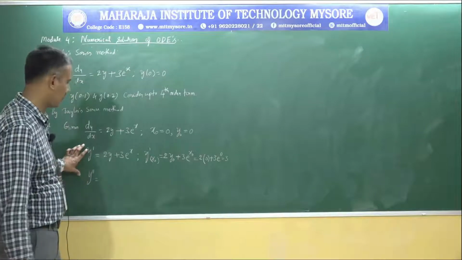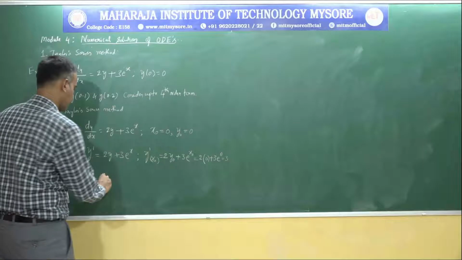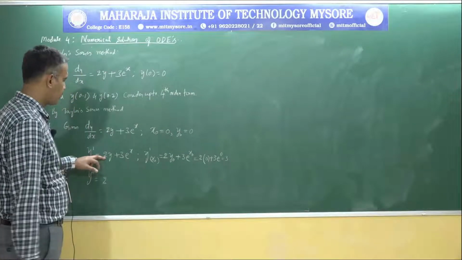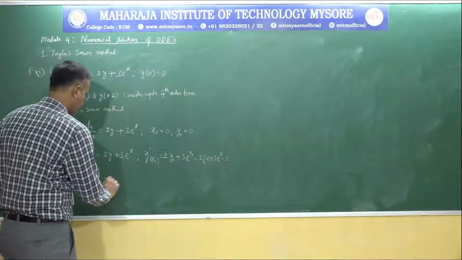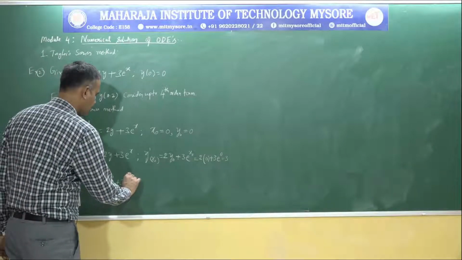Next, y double dash. Differentiate one more time. We already have y dash equals 2y plus 3 e power x. The constant 2 stays, y changes to y dash, plus 3 into e power x.